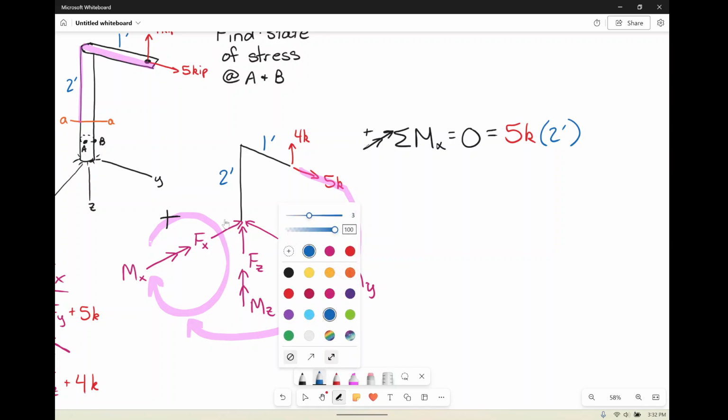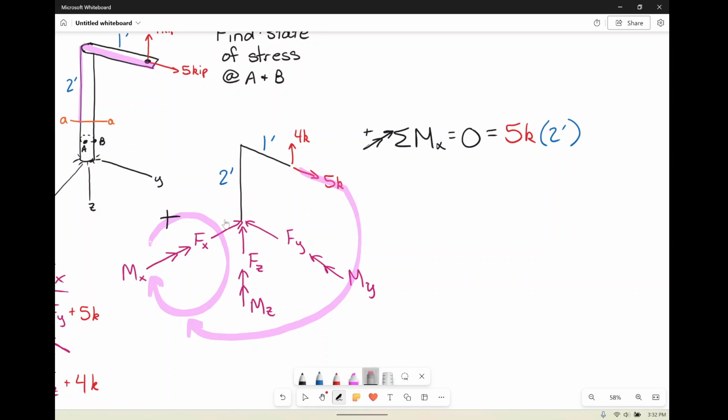And then who else is assisting us with this rotation around x? Technically, this 4 kips is going to rotate the opposite direction about x. So we're going to have minus 4 kips times the distance to that axis, which is 1 foot.